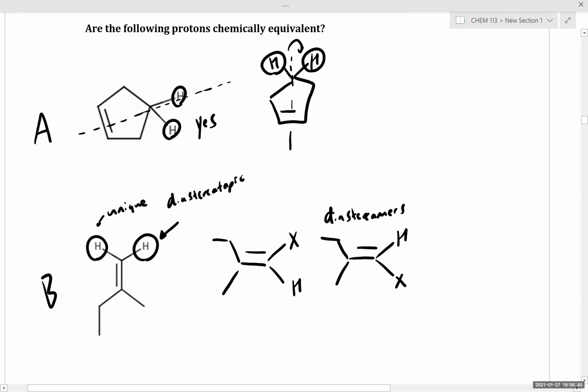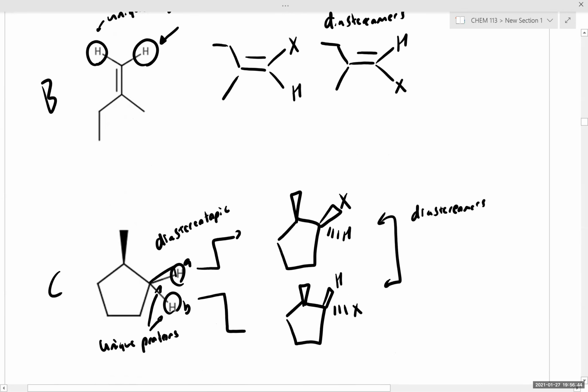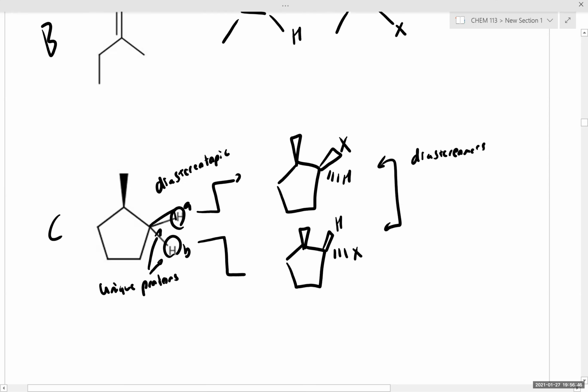But in letter C, there was that little wedge, the chiral center. Since there's another stereocenter, that means that after substitution, the proton that we choose to replace will yield two different but diastereomeric structures. Does that make sense? Yes. Perfect.